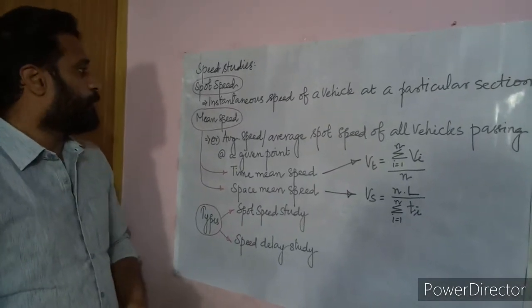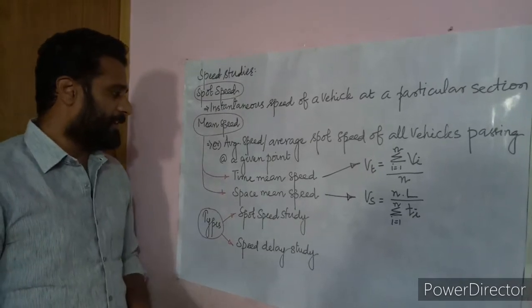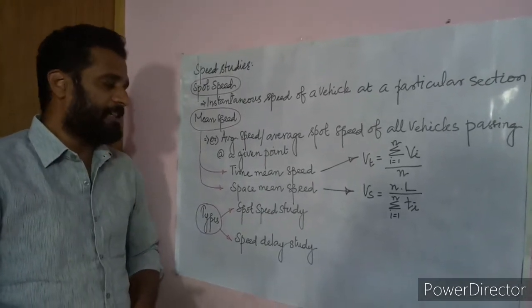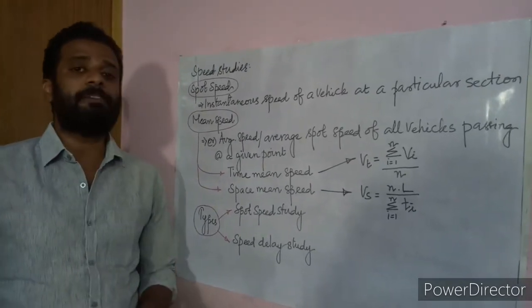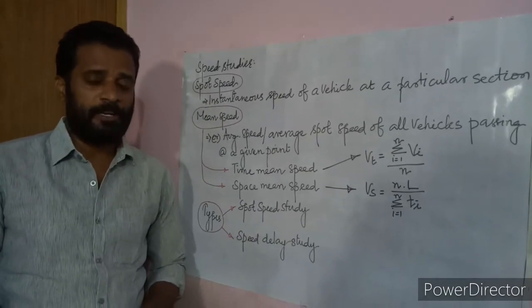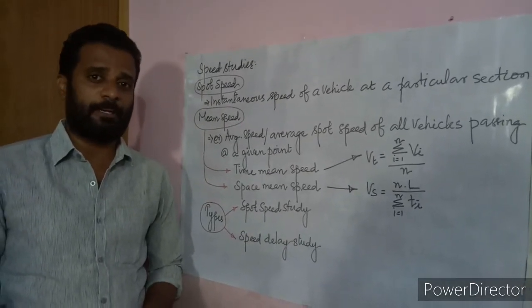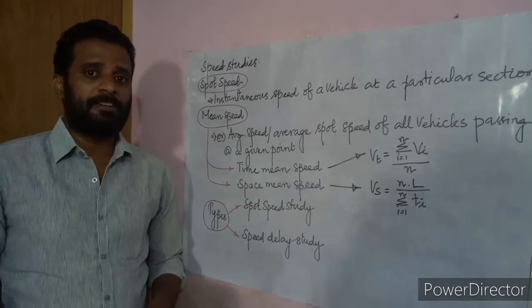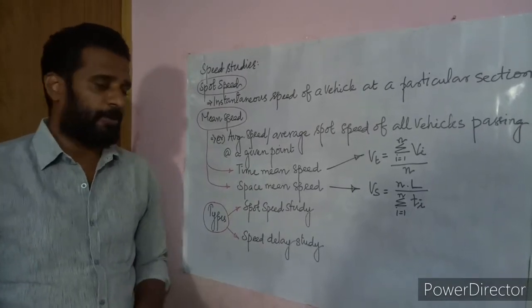is called the mean speed. This mean speed is categorized as time mean speed and space mean speed. Time mean speed is related to time, and space mean speed is related to the distance covered at that particular section.